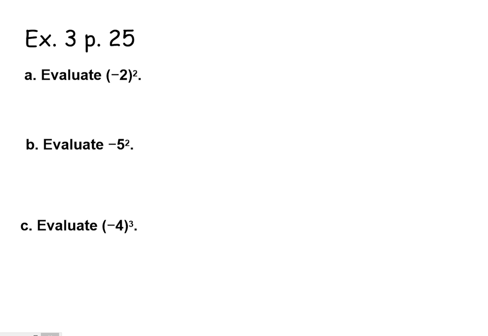Okay, let's move on to example 3. This is on page 25, and now it says evaluate. Evaluate is another word for solve. Negative 2 squared. Now this little 2 that you see up here is called an exponent. And an exponent tells you how many times you have to multiply.